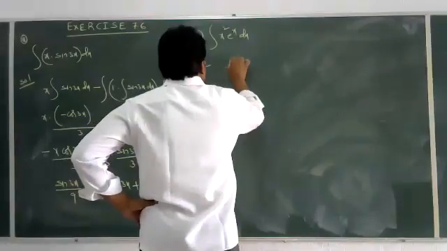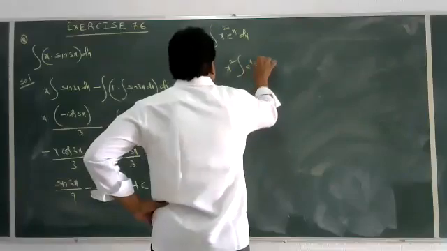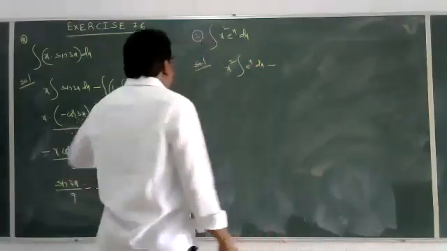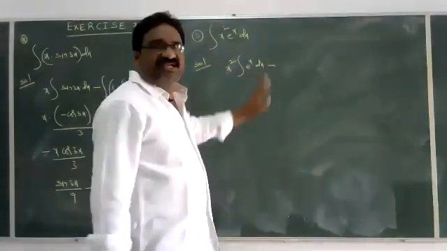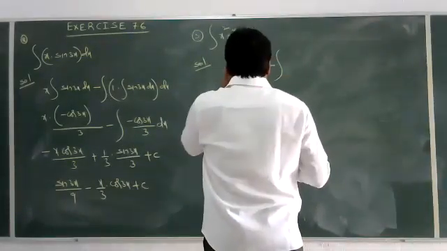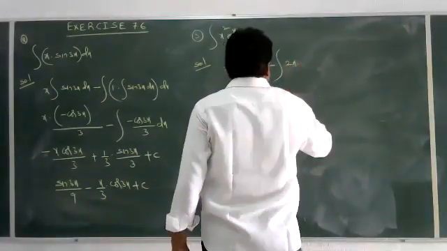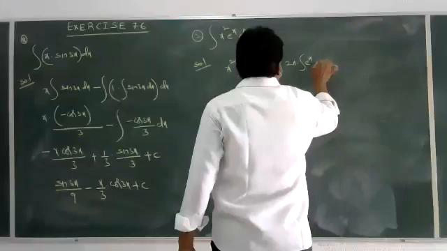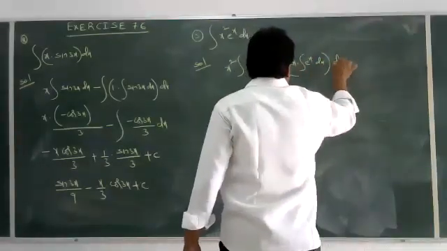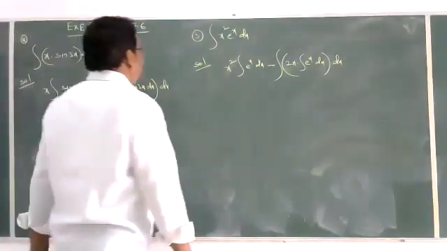First function x square into integration of e power x dx minus integral of the derivative of x square, which is 2x, into integration of e power x dx for whole dx.